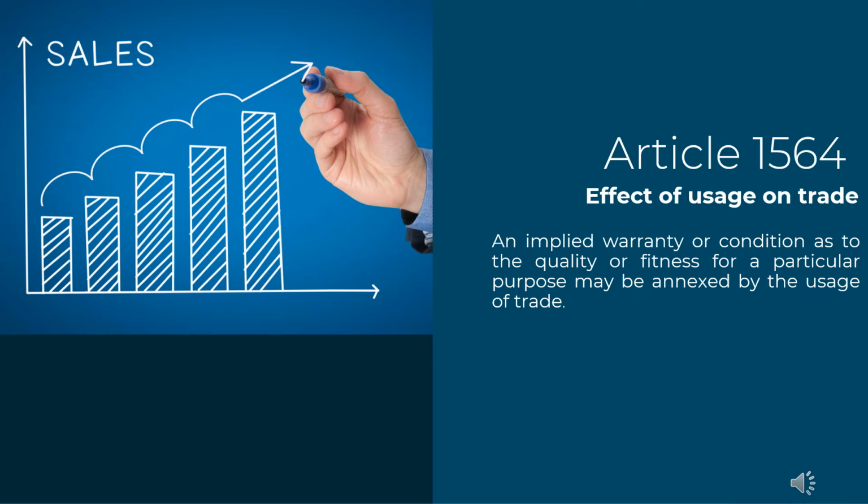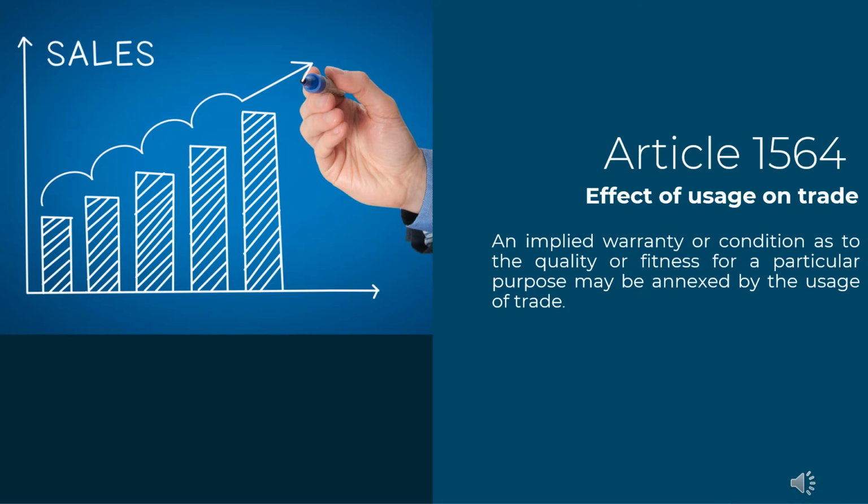Now, the provision goes for Article 1564: an implied warranty or condition as to the quality or fitness for a particular purpose may be annexed by the usage of trade. So this focuses on the effect of usage on trade. Now, a warranty as to the quality or fitness for a particular purpose may be attached by usage to a contract containing no express provision in regard to warranty, though in the absence of usage, there would be no warranty implied.